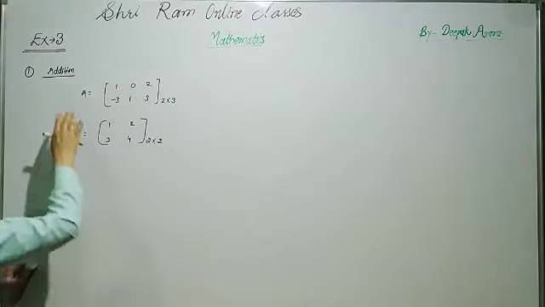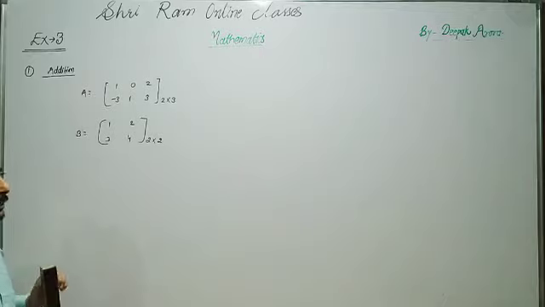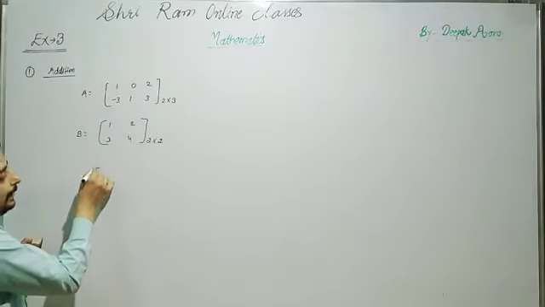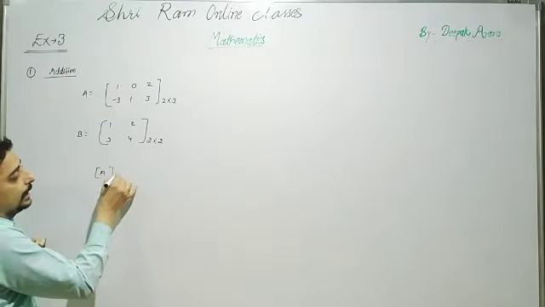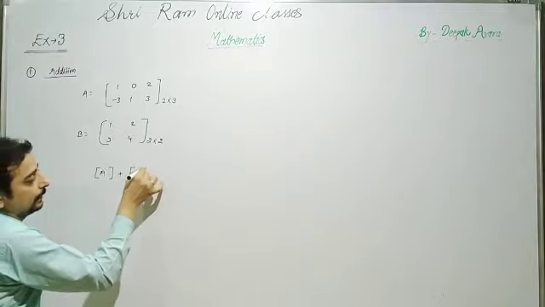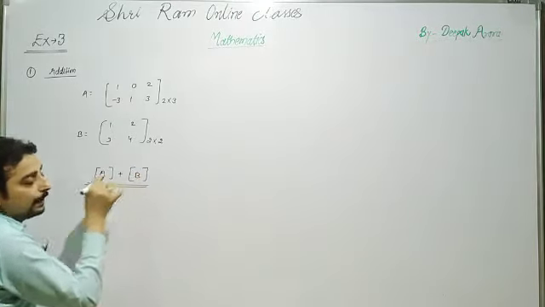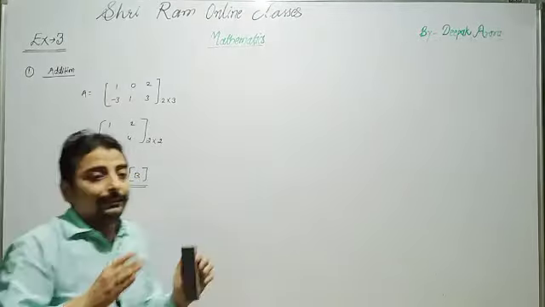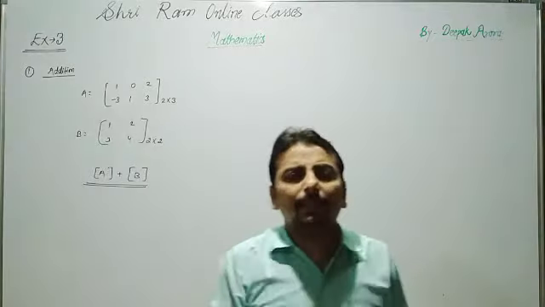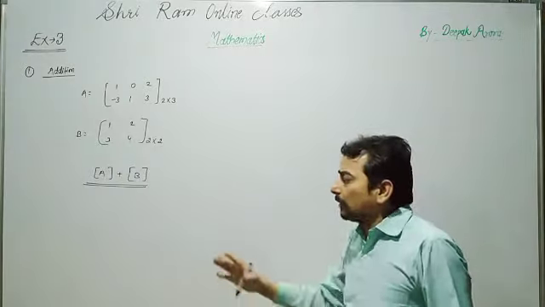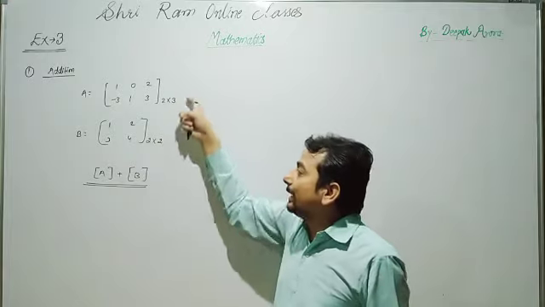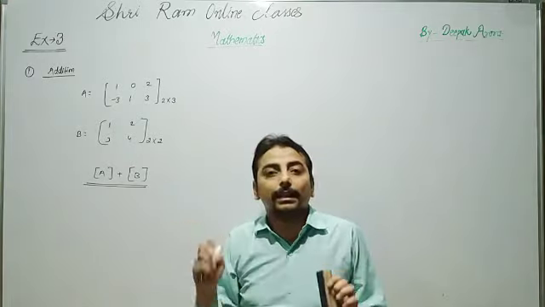Now we check for addition. First of all, is matrix A plus matrix B possible or not possible? It is possible only when A matrix and B matrix have the same order.